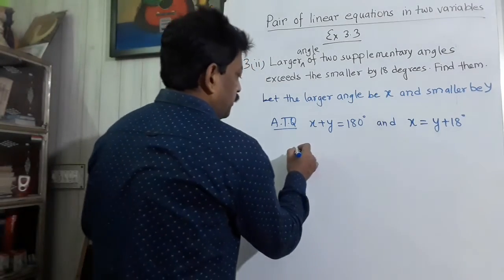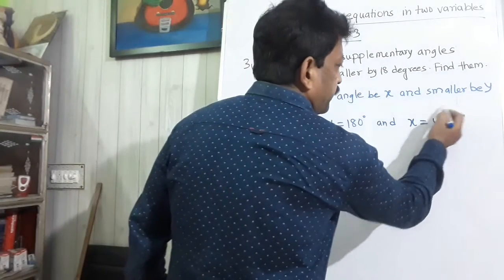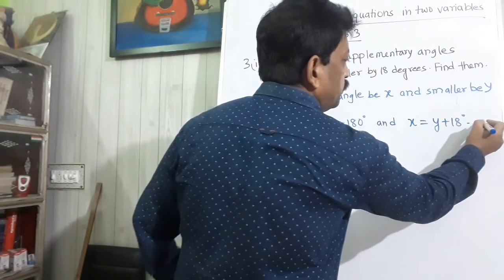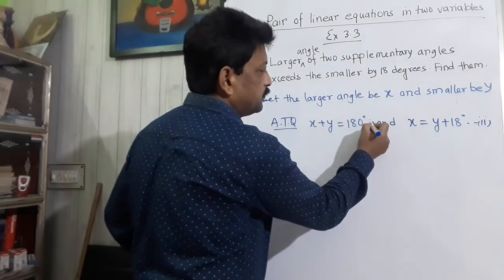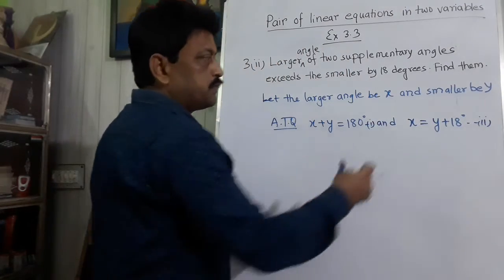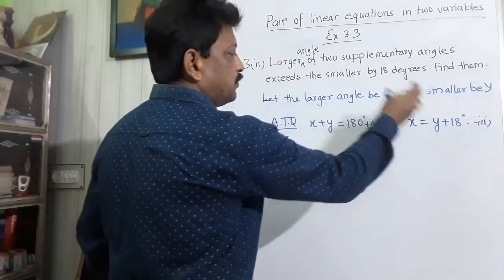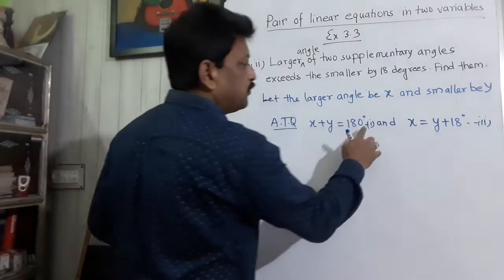Okay. Now substitute this value of x from equation 2 to equation 1. This is equation 1. We can also substitute the values from 2 to 1 as we have done from 1 to 2.